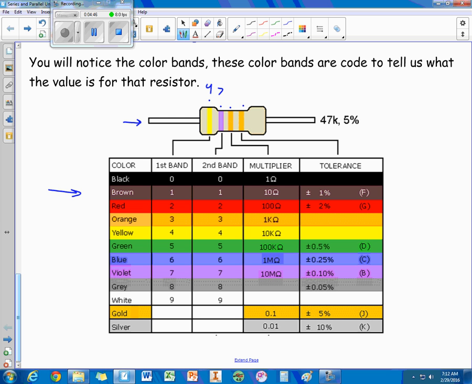Orange is 3, so that means it's times 10 to the 3rd. So it's 47 times 10 to the 3rd, or 47,000. So this resistor has a value of 47,000 ohms. And finally, the gold band means that it has a tolerance of 5%. So it's like a plus or minus, or an uncertainty.